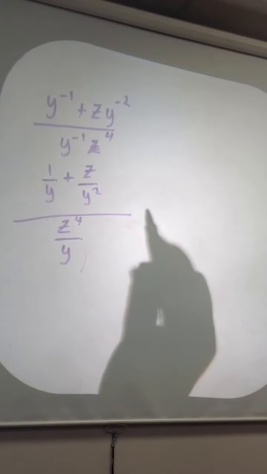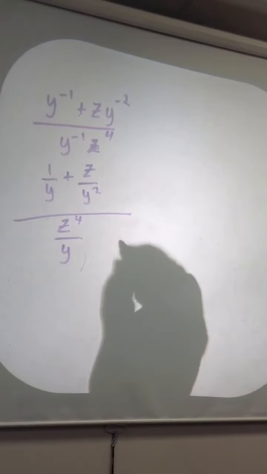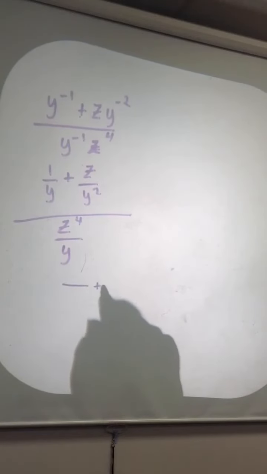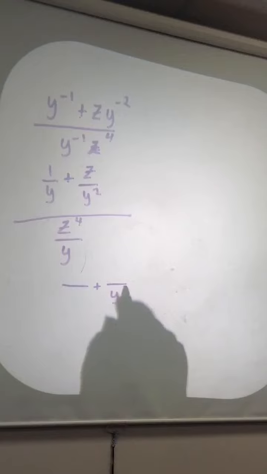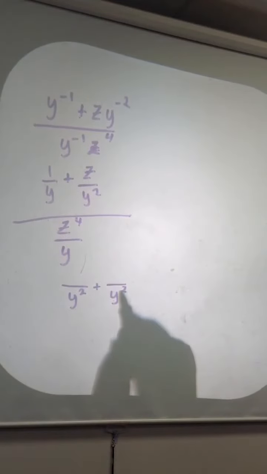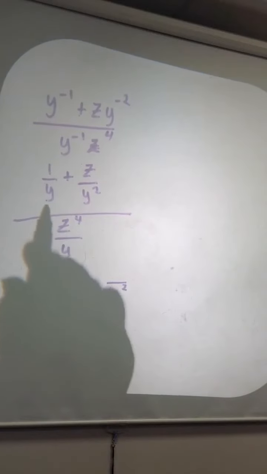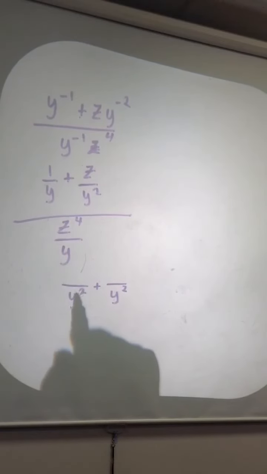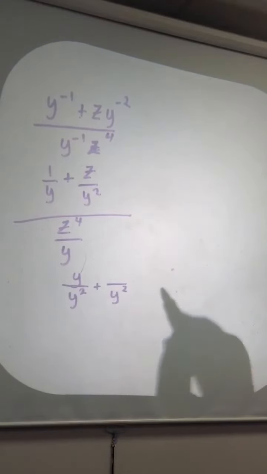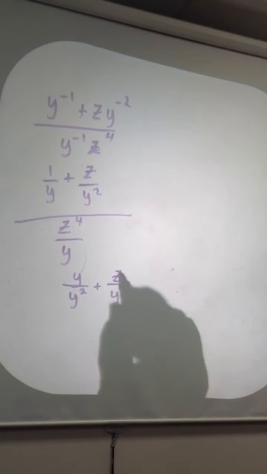So now then, we have to have a common denominator here, and what's it going to be? Y squared. Yes, it's going to be y squared, okay? So what did you multiply this y by to get y squared, Joe? Y. So that's what's in the numerator, because 1 times y is y. This one already has y squared, so we don't have to worry about that.